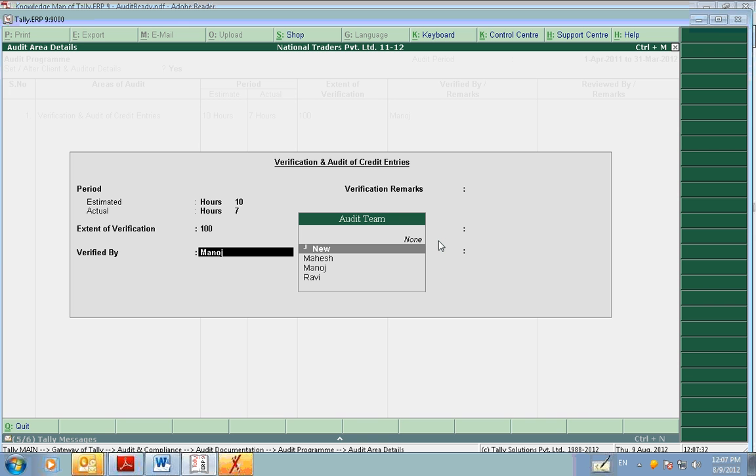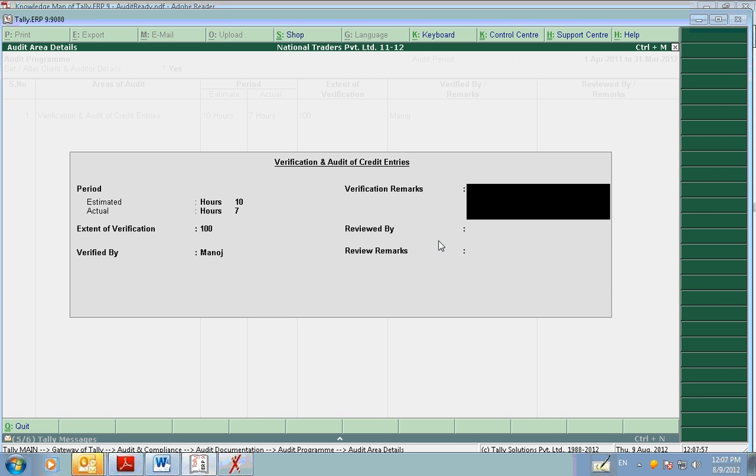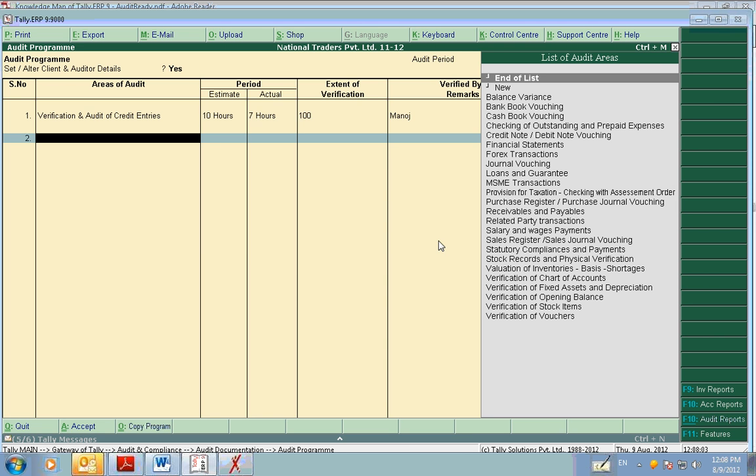Still, we have certain capabilities allowed for chartered accountants through control center, and as we all know, it is a multi-user package, and in 3.6 the tool is available for the customer at his end to verify the same. So verification remarks, how far they have verified, what exactly the remarks are, and who the other reviewer is, all this information can be captured here.